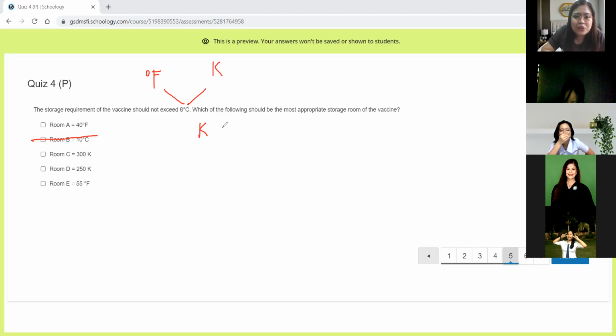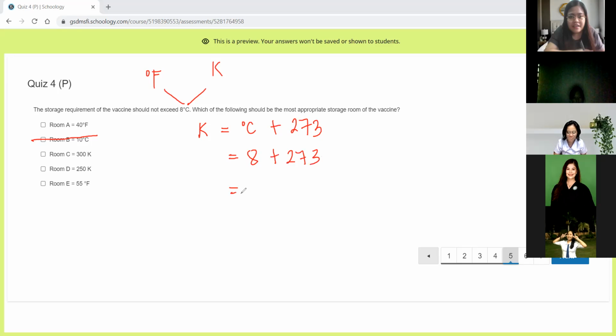Kelvin is equal to, what is our formula again? Degrees Celsius plus 273. So this is 8 plus 273. 8 plus 273 is 281 Kelvin. So, 281 Kelvin.